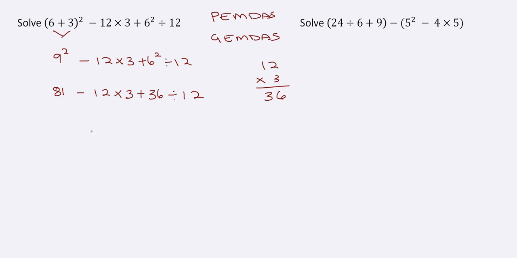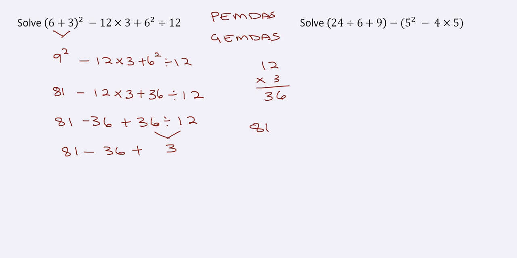So now we have 81 minus 36 plus 36 divided by 12. So now we're going to deal with 36 divided by 12. That's going to give us 3. So this is 81 minus 36 plus 3.